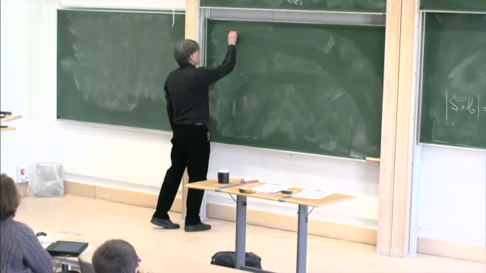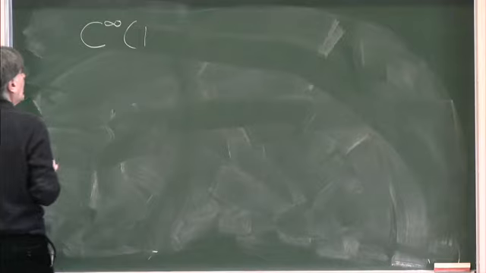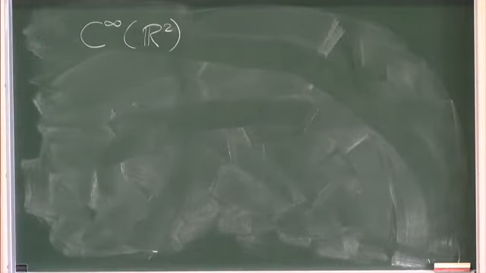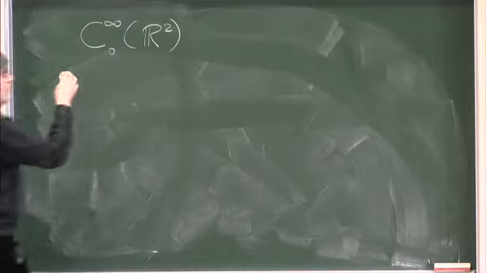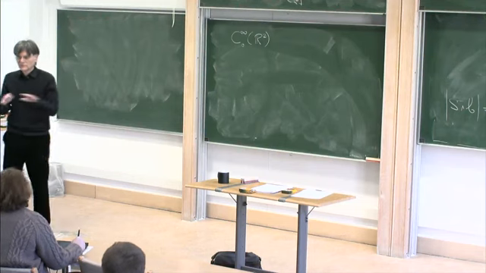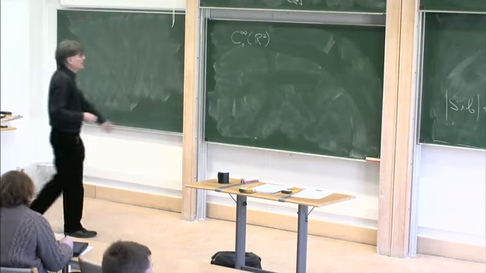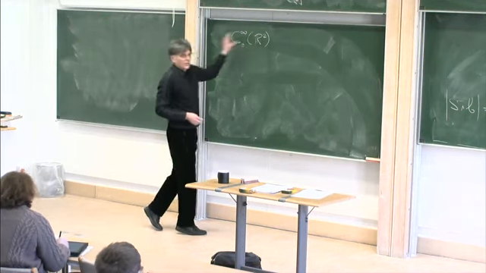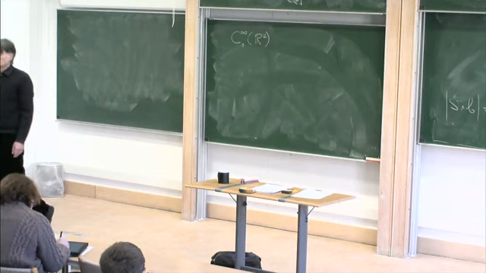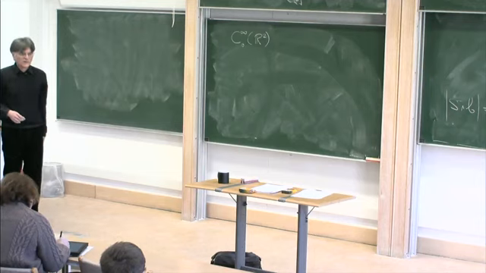Supposing we start, so we're thinking about non-commutative geometry. Supposing we consider the C-infinity complex valued functions on the plane and take the ones which vanish rapidly with all their derivatives at infinity. So I'm really thinking of the Schwartz space of rapidly decreasing functions. So this is the space which in the dictionary between algebra and geometry represents the two-sphere regarded as a space with base point.